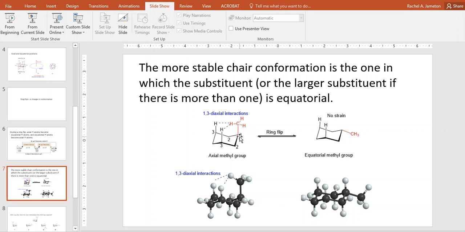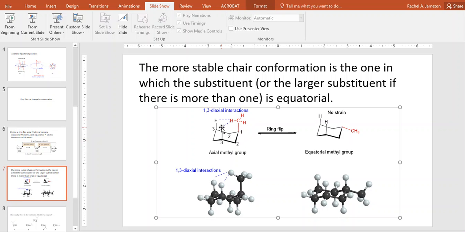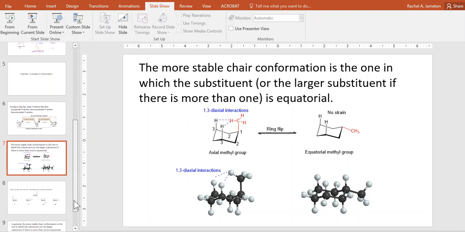If the substituent is at carbon 1, then the hydrogen at carbon 3 is going to have these diaxial interactions. This is a kind of steric interference. It can be avoided by having that methyl group, or whatever the substituent is, in the equatorial position. These are different by a ring flip, and the one on the right is the more stable conformation.